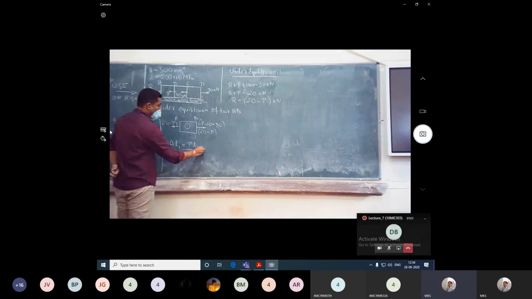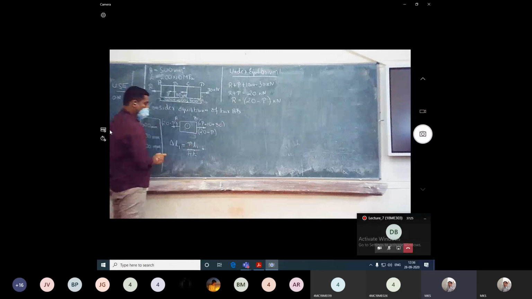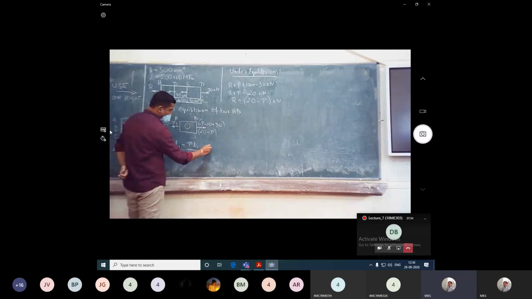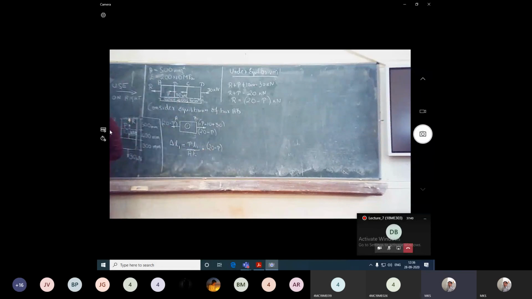So substitute here and find out what is delta L1. Delta L1 in terms of P you will get. P is the unknown here. You will get 20 minus P into something. What is that total? 20 minus P into what?